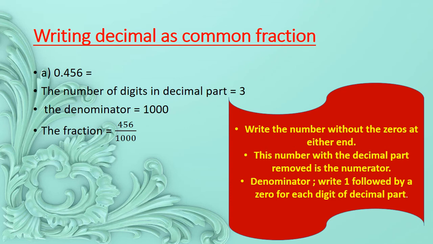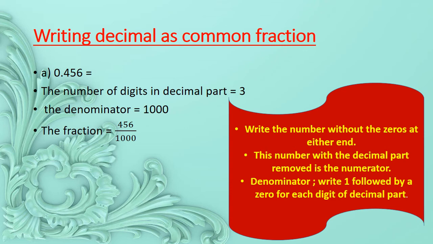So for the denominator, after the point, if we have 3 digits, we will write 1 followed by 3 zeros. And why have we put 3 zeros? Because we are removing the point, and after the point we have 3 digits, that is why we write the denominator as 1000. Understood? So now the denominator will be 1000.